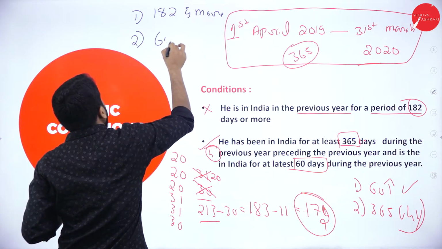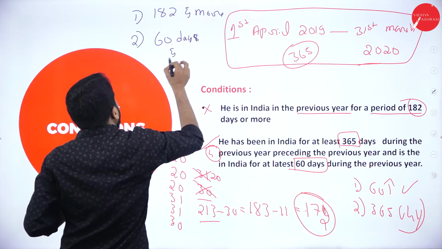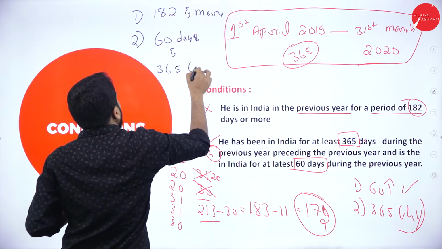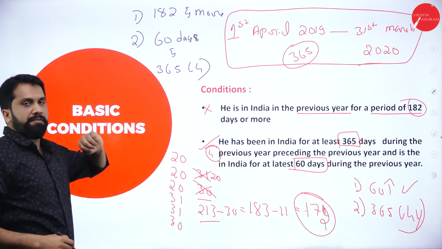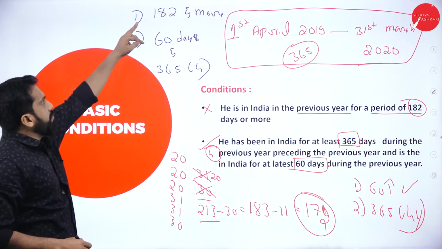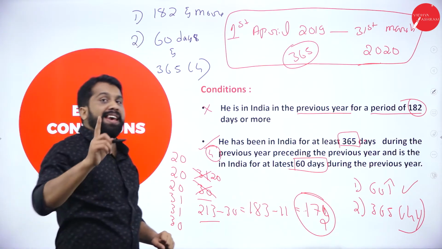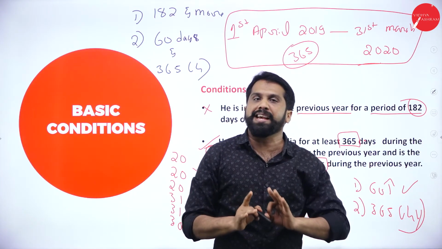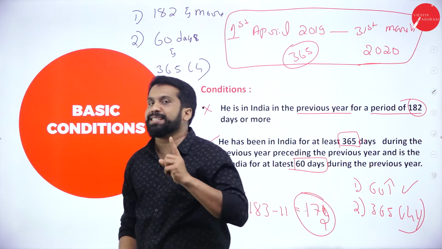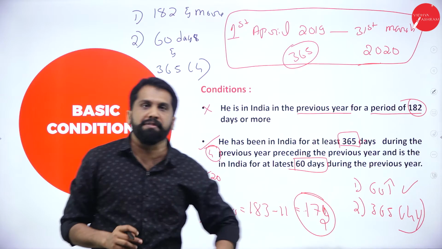He must be there for 60 days and 365 days out of the last 4 years, excluding the previous year. You can go for this option or that option. Out of these two, any one you should fulfill. If you fulfilled any one, you are called a resident. Clear? Yes. I'll go back to your previous slide.